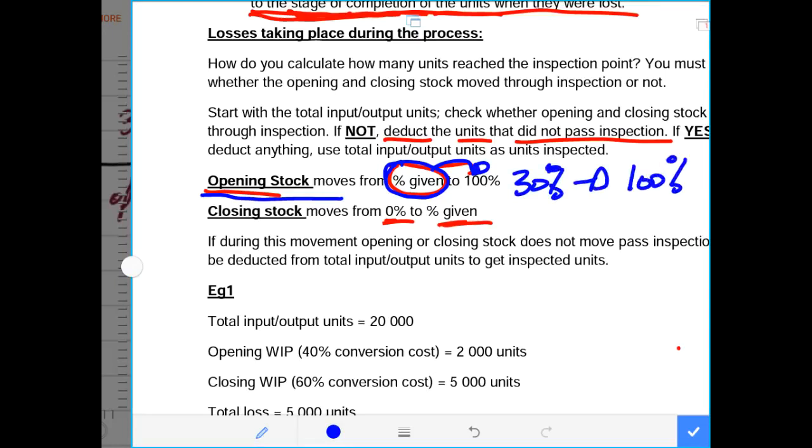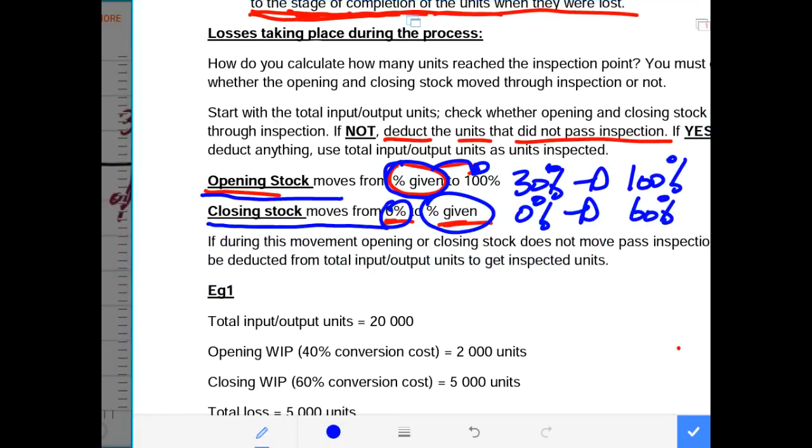And our closing starts from 0% up to a given percent, and 0% does not change, up to the given percent, which is 60%. That is where we'll be moving. Take note of this, guys.